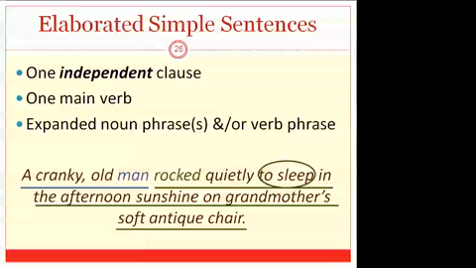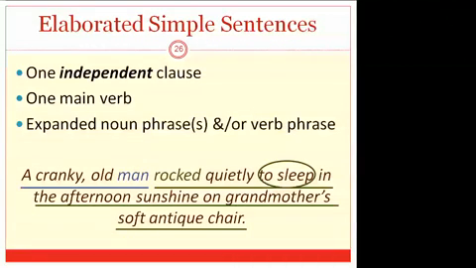So although we have a lot happening in this sentence, and it is quite long and gives us a lot of information, when we look at the sentence structure, the sentence pattern, we see that we still have a single subject and a single predicate. We have one noun phrase serving as the subject, and that noun phrase is elaborated. And we have one verb phrase. That verb phrase includes the verb complex as well as a couple of expanded prepositional phrases.